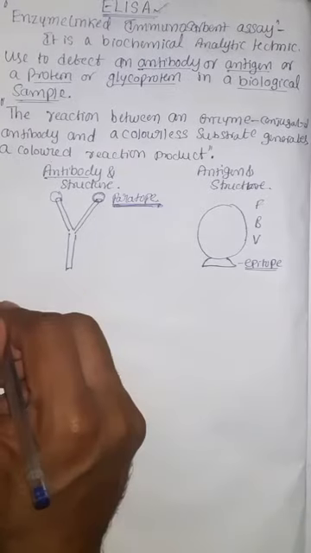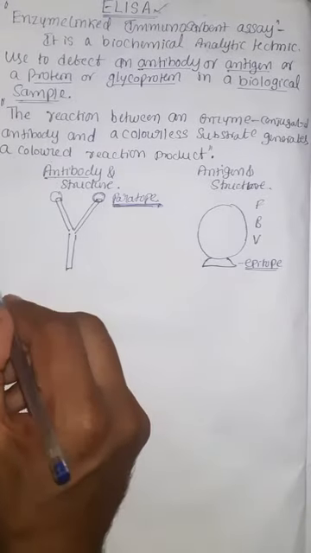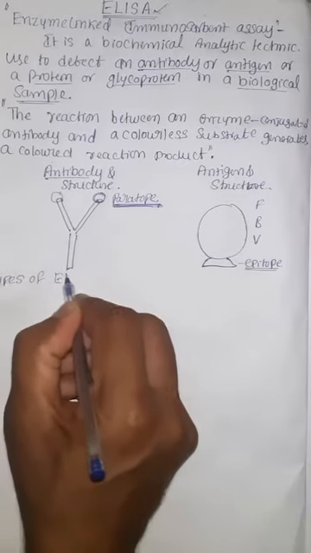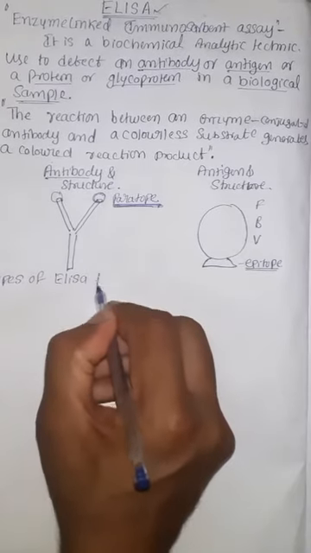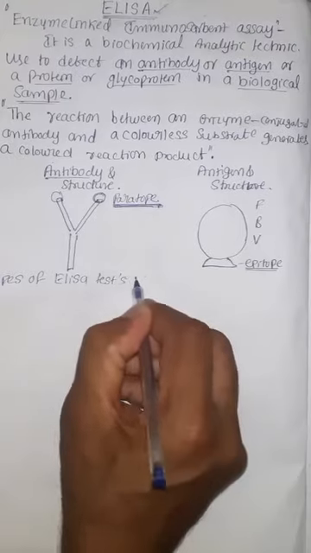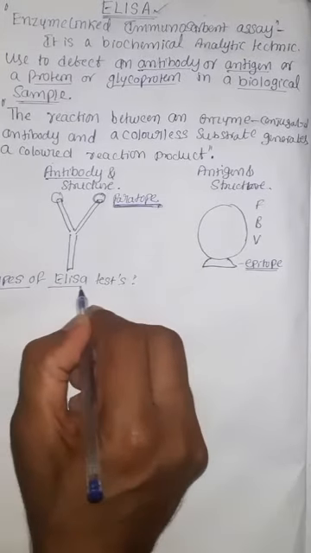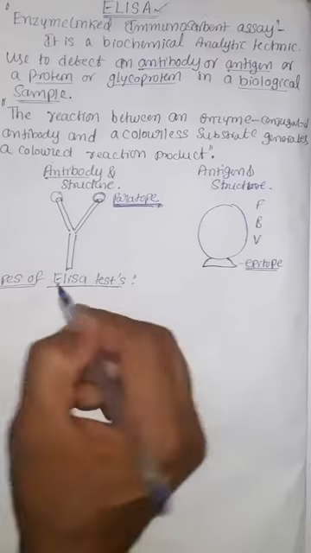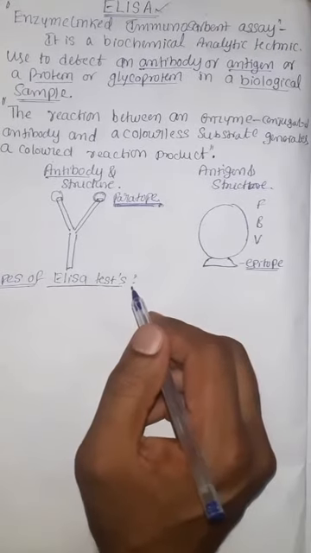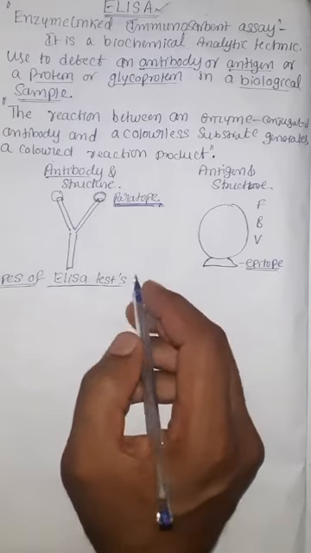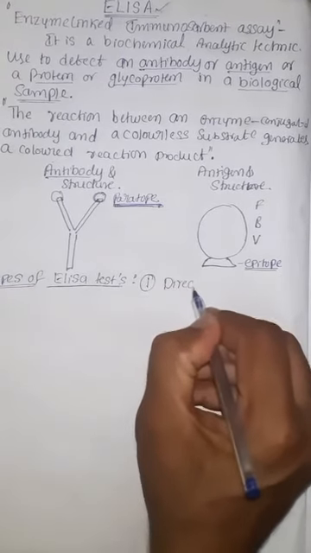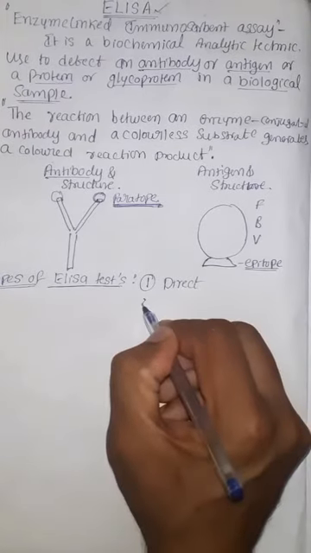Now we will see the types of ELISA test. Here the criterion is the procedure only. Based on the procedure we follow, we have 4 types. One is the direct ELISA test.